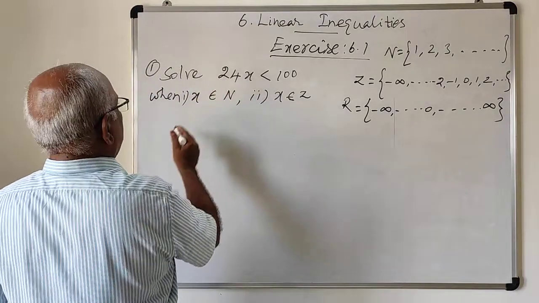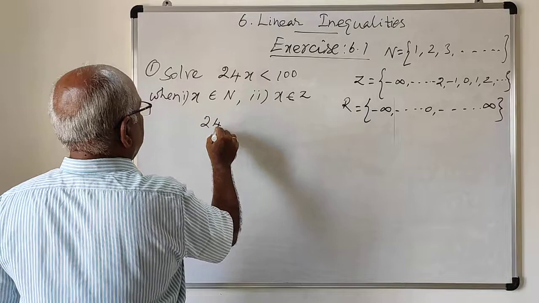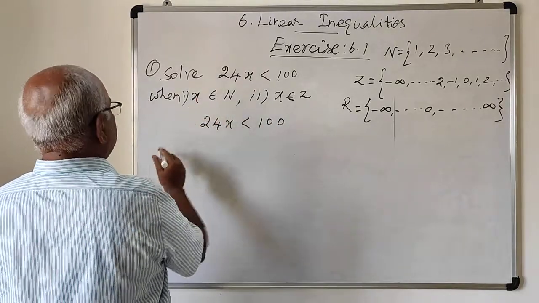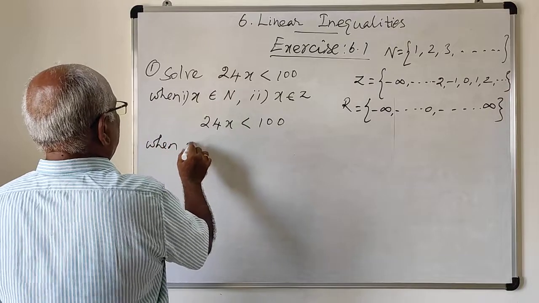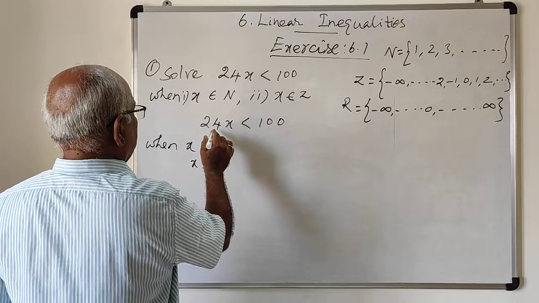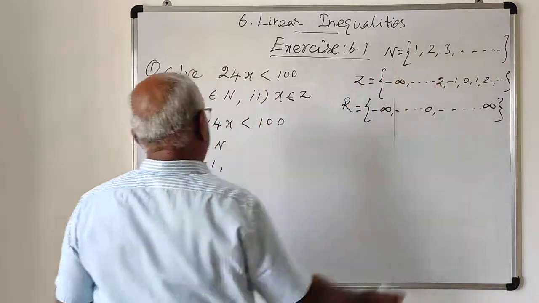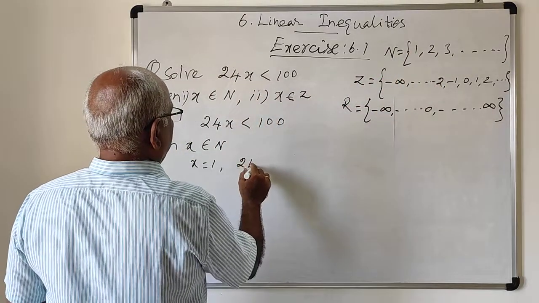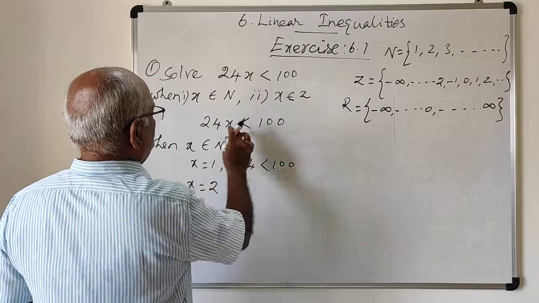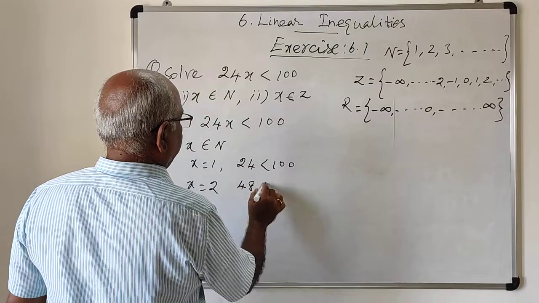Now come to this problem. The given problem is 24x is less than 100. First, when x belongs to the set of natural numbers, we put x equal to 1, because the natural number set starts with 1. 24 is less than 100, which is true. If x equals 2, 2 into 24 is 48, also less than 100.